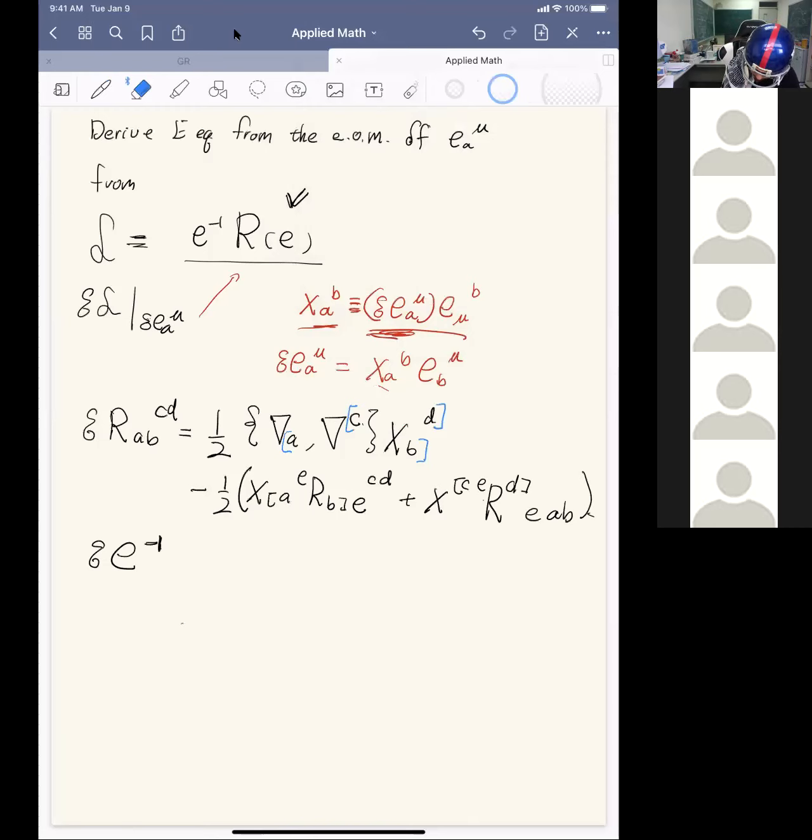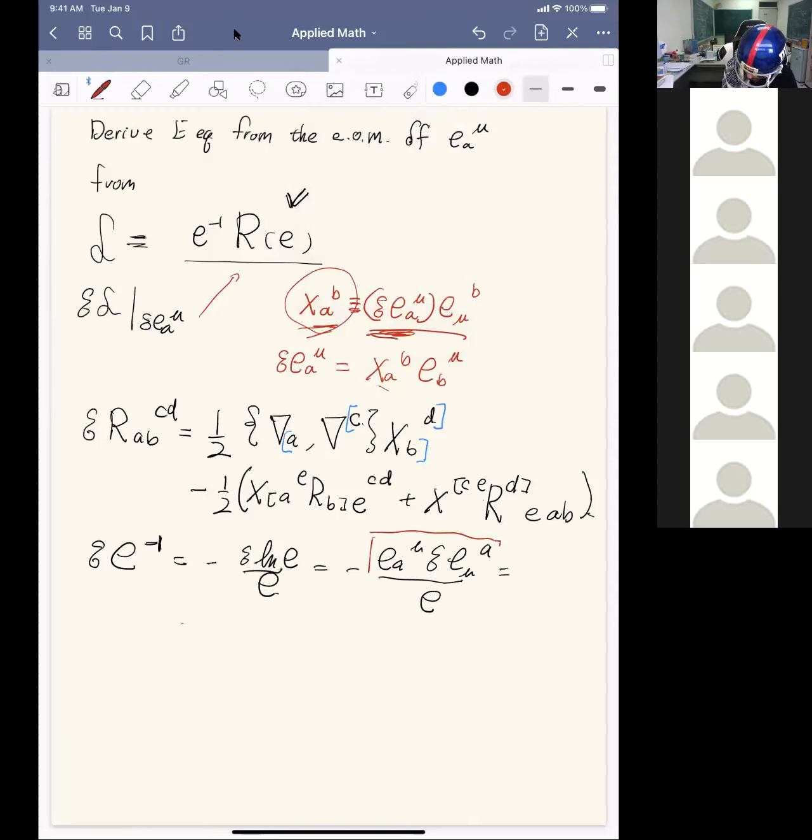And of course, we know that this is just equal to the variation of, once again, we can use this trick, which is just the variation of E, it's A mu variation E mu A, which is nothing but this. So now you also see why I defined this thing in the beginning, because then the variation of inverse is exactly the X that I'm talking about, right? So this is just minus E XAA.